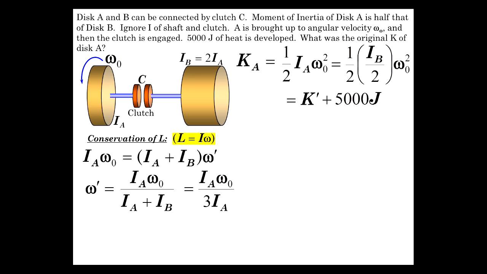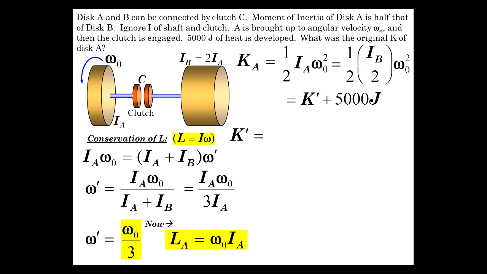But IB is twice IA, so it's IA omega 0 over 3IA. Thus, the angular velocity after the angular collision is 1/3 omega 0. So keep the initial angular momentum, omega 0 IA, in the back of our minds.